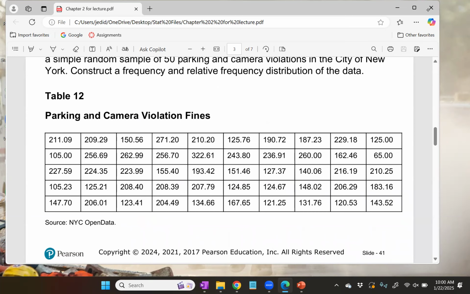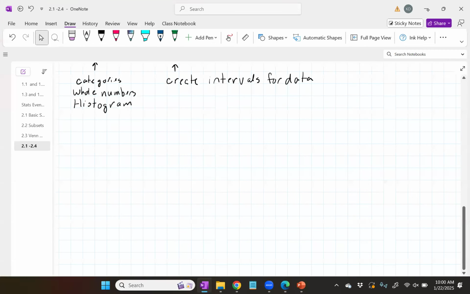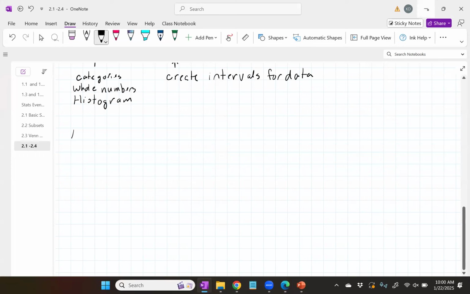No, I see a 260. $322. Is there a change with it? How much? Thank you. And the bottom? So that's our range. That's how far our data is spread out.